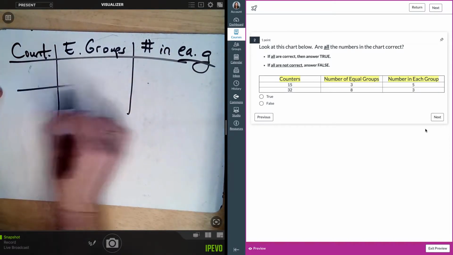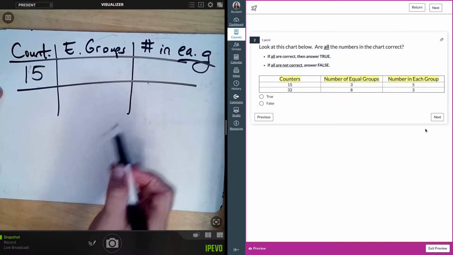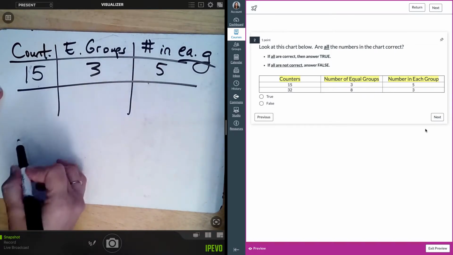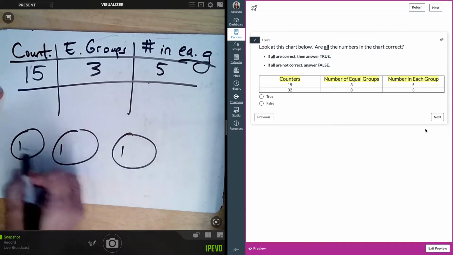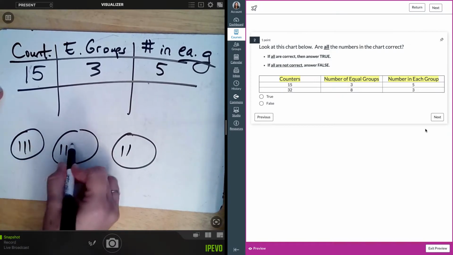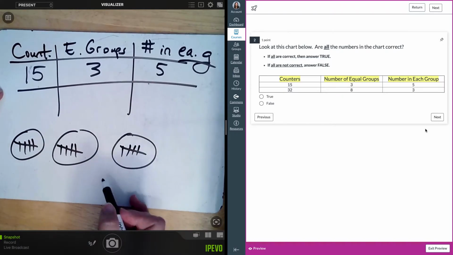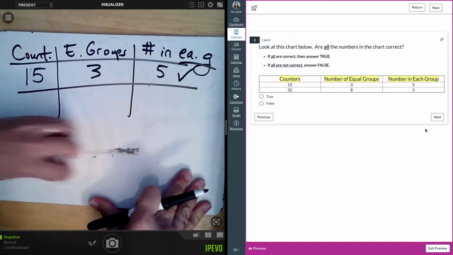So if I have 15 counters and I have 3 groups, are there 5 in each group? Here's my 3 groups. 1, 2, 3, 4, 5, 6, 7, 8, 9, 10, 11, 12, 13, 14, 15. Yes, that one checks. But I have to make sure both of them check out.